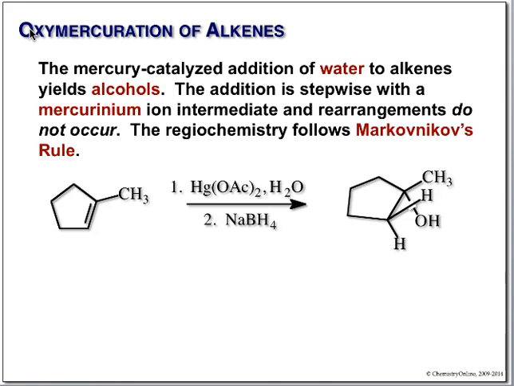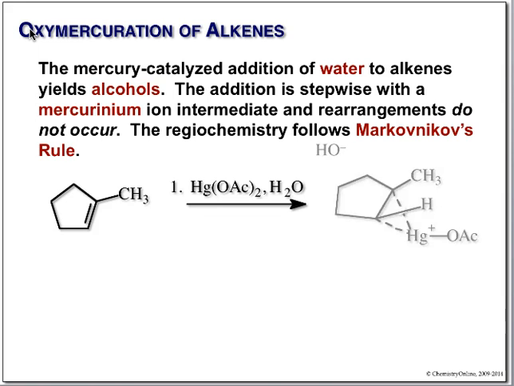The way this happens, step one, our mercury ion here acts just like the bromonium ion did, just like Br+. Remember, Br+ added to our pi system to form this cyclic intermediate. Well, so does mercury. So again, it's the same concept.